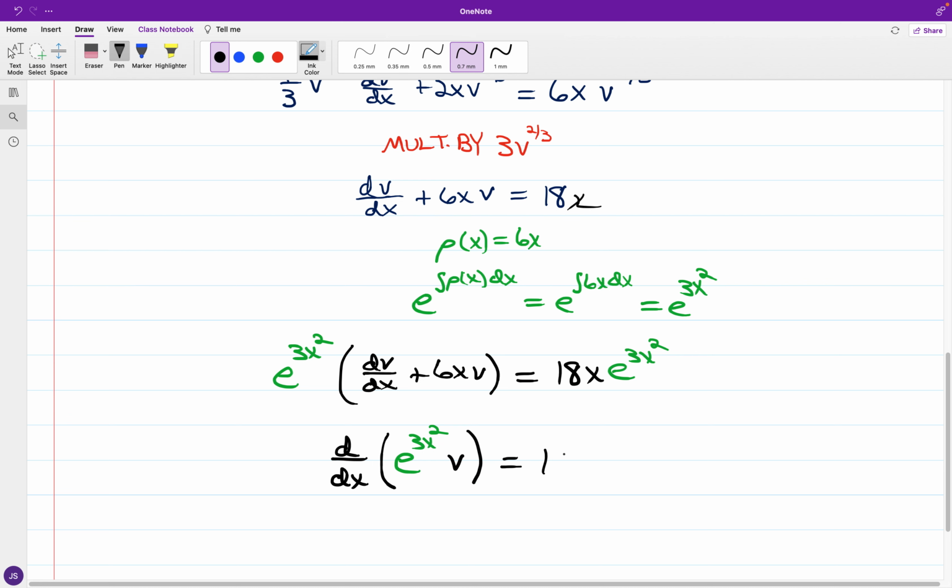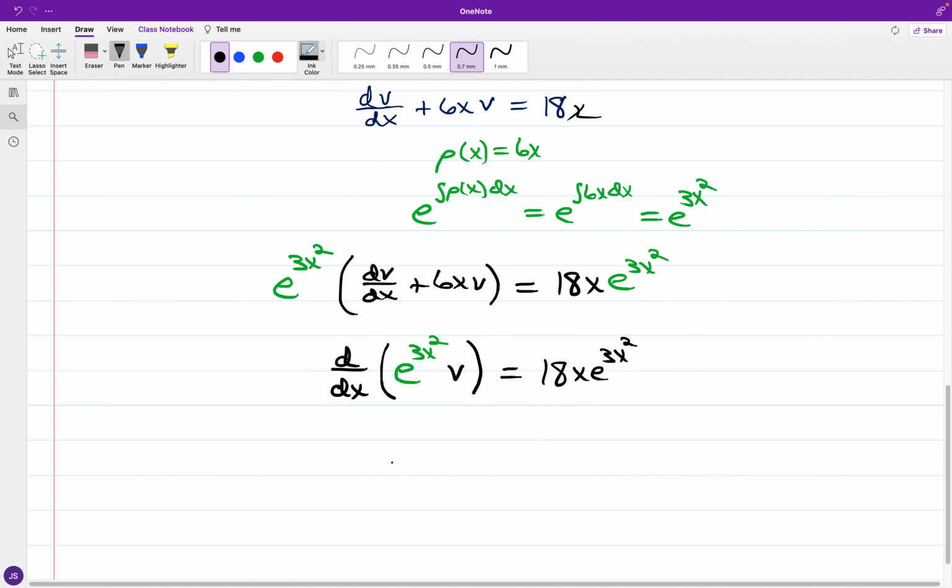And that is equal to 18x times e to the 3x squared. Taking the integral of both sides, e to the 3x squared times v is equal to the integral of 18x e to the 3x squared dx.